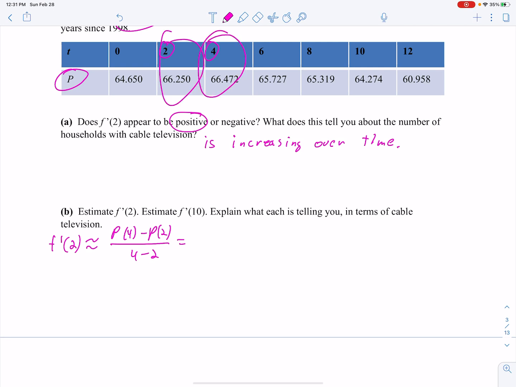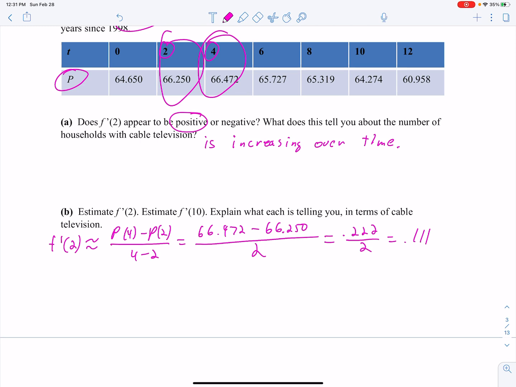You use these two coordinate pairs. So we get 66.472 minus 66.250 over 4 minus 2, which is 2. If you do that, you get 0.222 over 2, which is nice and easy, 0.111.